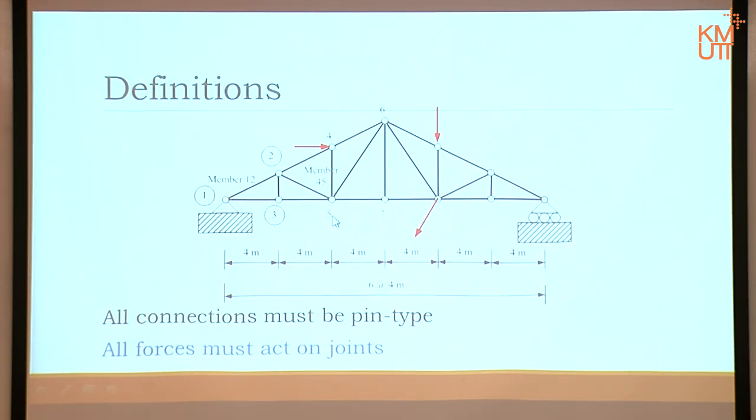The good thing about this is that they don't have to put the name onto the picture. They just give the names for the nodes, and the members will be named automatically. Some people like me don't like it, so I would rather give numbers to the members. The system is usually that they put it in a box to signify that it's not a node, it is a member. But there are different systems being used, so from time to time, if you see a number and you're not clear what it is about, ask.